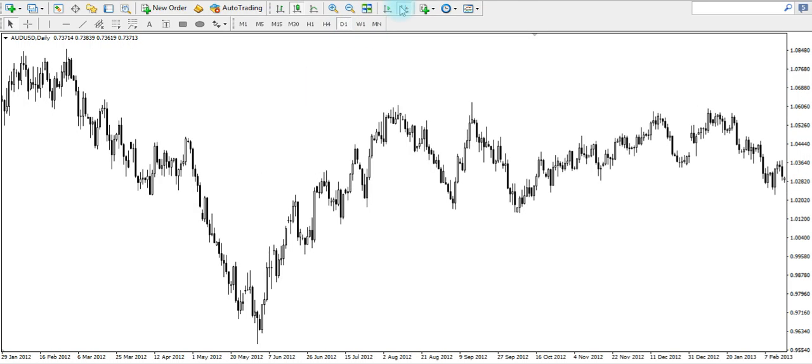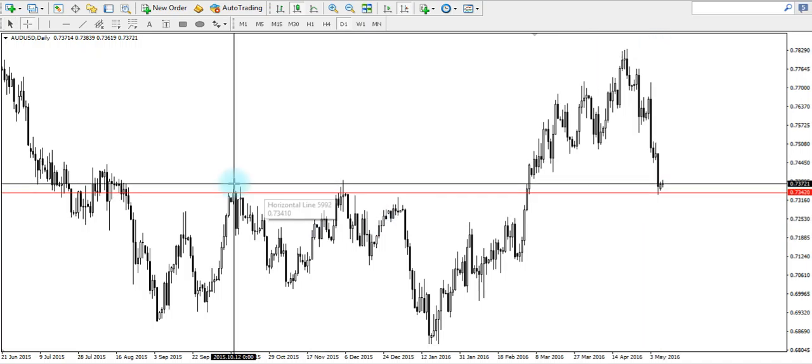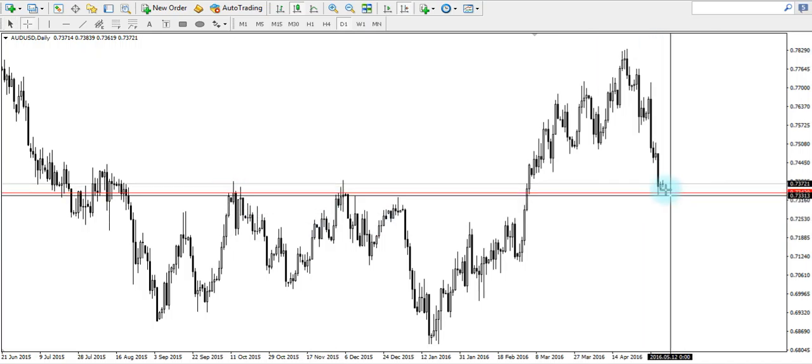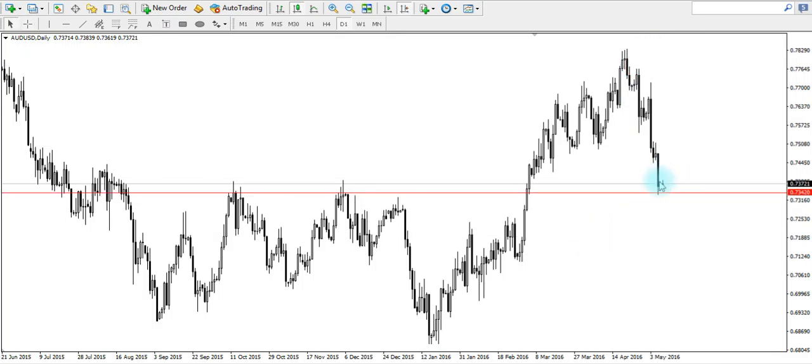Alright, if we look at the day one chart itself, we have seen that the price is currently seated at a major resistance turned support level, and it does make sense that there is a limitation towards the depreciation of the Australian dollar after the Reserve Bank of Australia have cut interest rate.